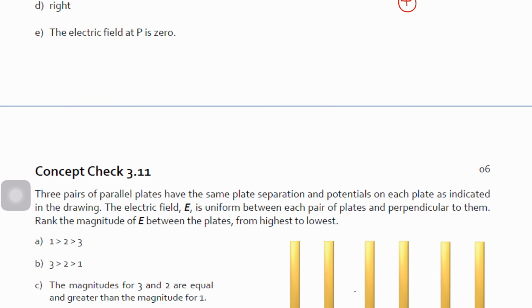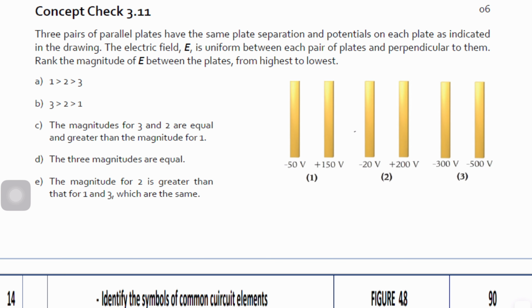Okay. Next question. This is the interesting one. Three pairs of parallel plates have the same plate separation. Okay, focus on this point. Means the distance D is the same. And the potential on each plate, potentials means we are looking at the V on each plate as indicated in the drawing.